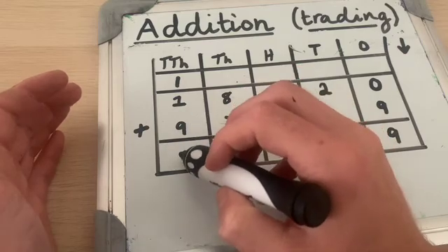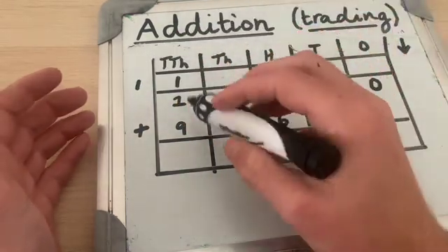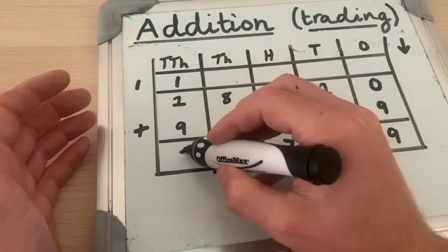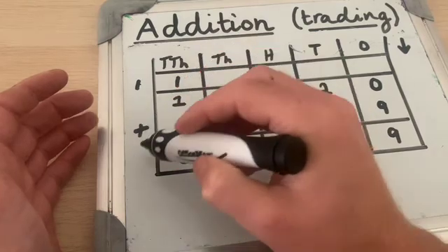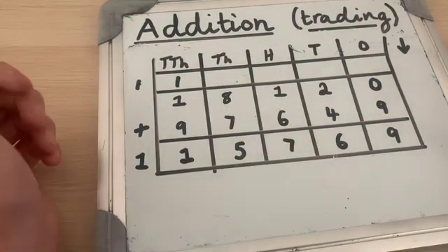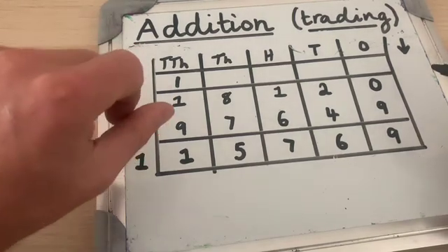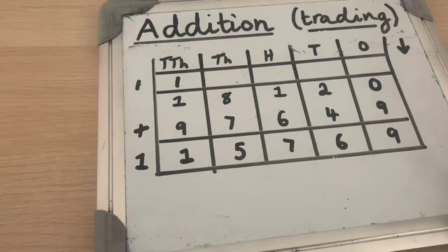I'm going to trade 10 ten thousands for 100,000. And then I've got 1 ten thousand remaining. And then 1 plus nothing gives me 100,000. So my solution here is 115,769.